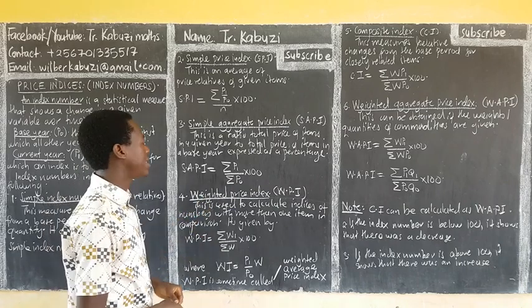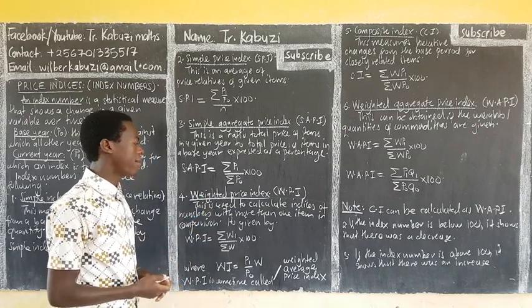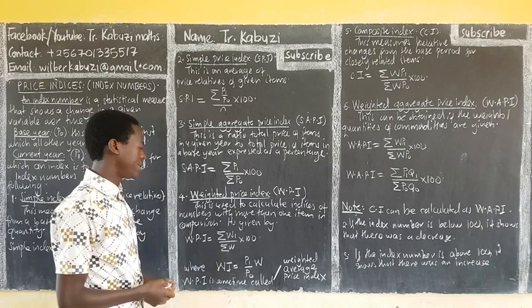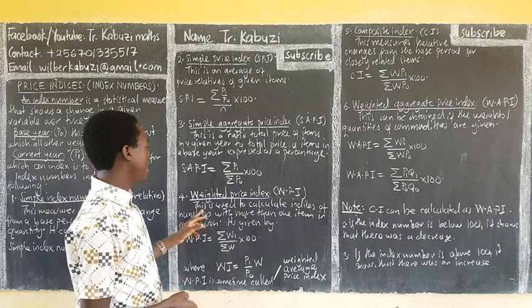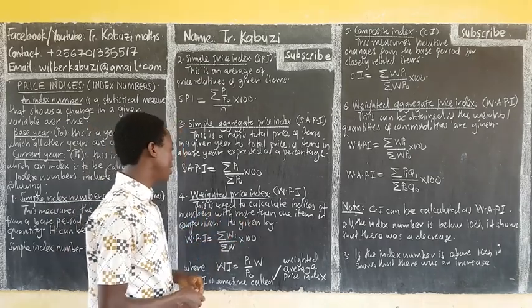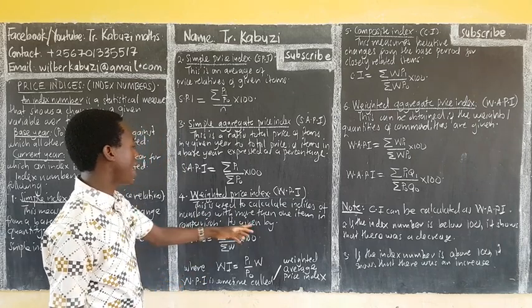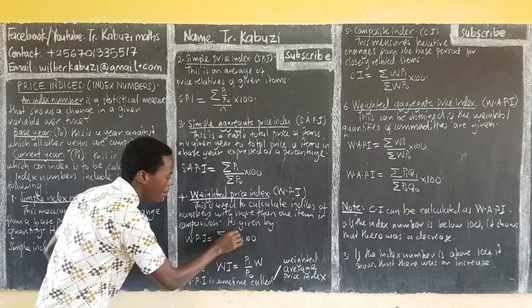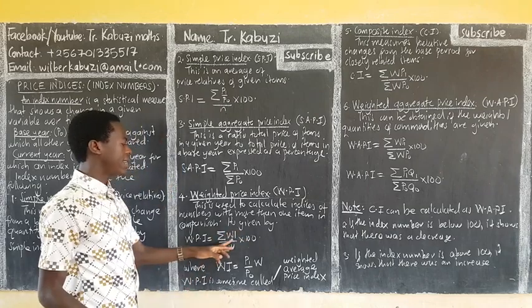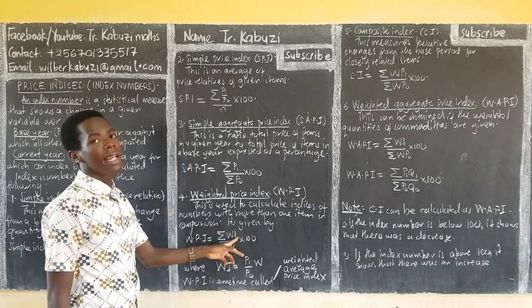Then the weighted price index. Here I am introducing the idea of weight. This is used to calculate indices of numbers with more than one item in comparison. It's given by WI, which shows that we are getting the weight times the price relative.